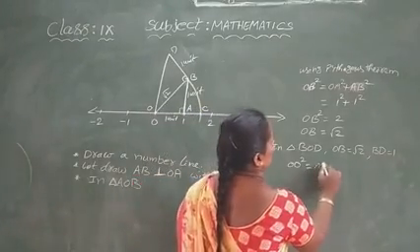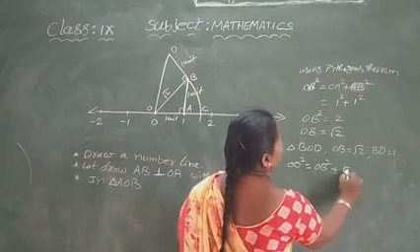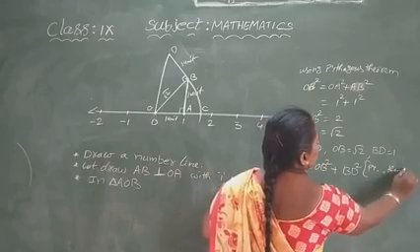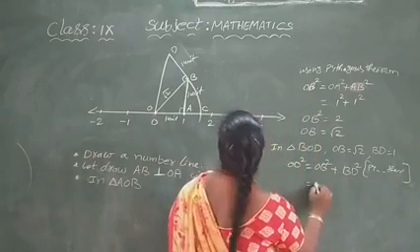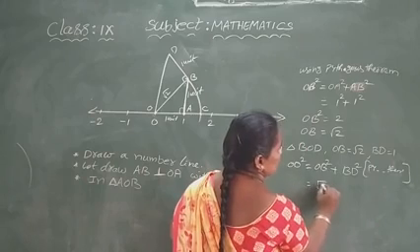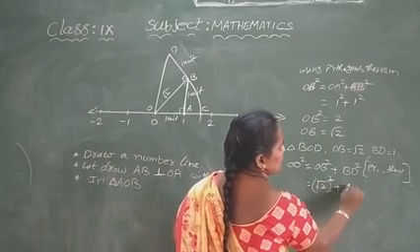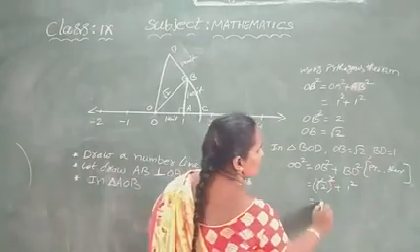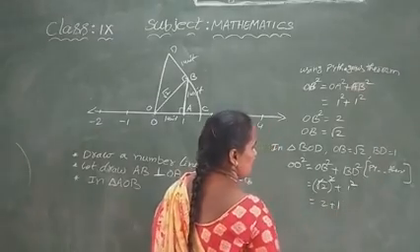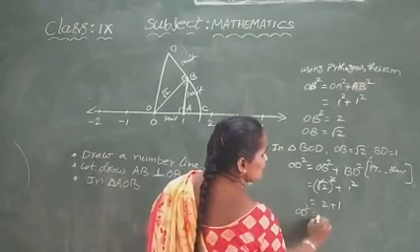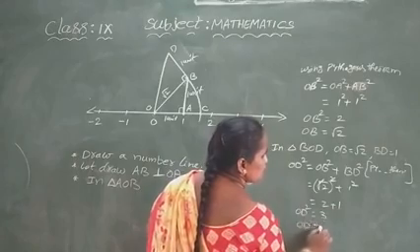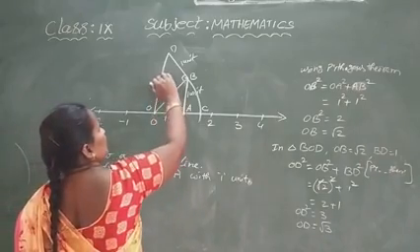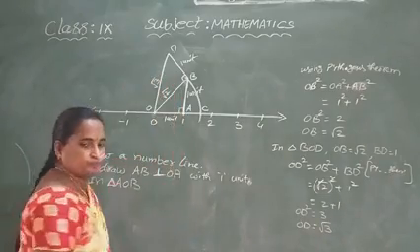OD square is equal to OB square plus BD square. OB is √2 whole square, and BD is 1 square. The square and square root cancel, so the value is 2, plus 1 square which is 1. Then OD square is equal to 3. Then OD is equal to square root of 3. So OD measure is √3.